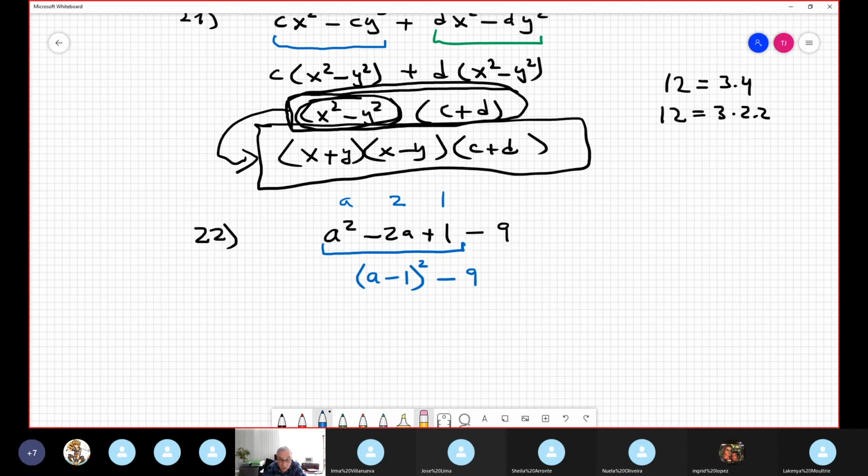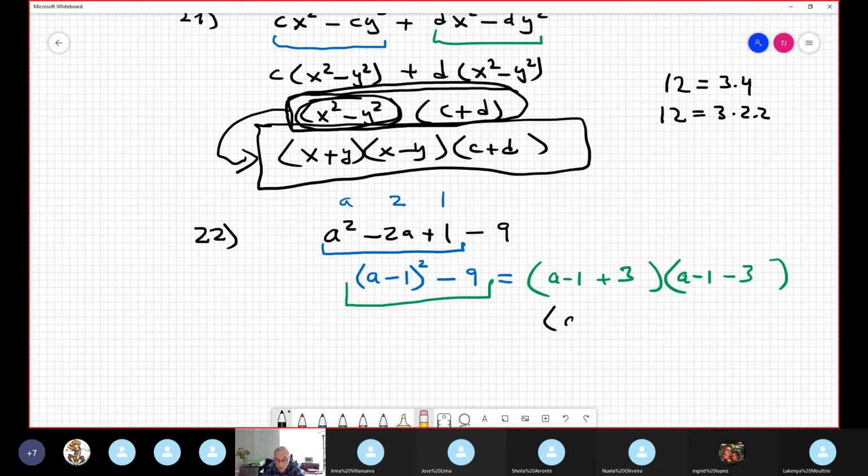Do we leave it like that? No, because here is a difference of squares. The factorization is 2 parentheses: (a minus 1), considered as one package, and 3, with plus and minus. Then you condense it: (a plus 2) with negative 1 plus 3, and (a minus 4). End the story.